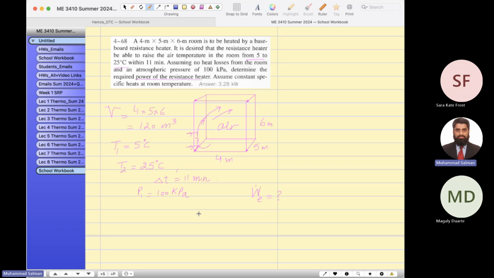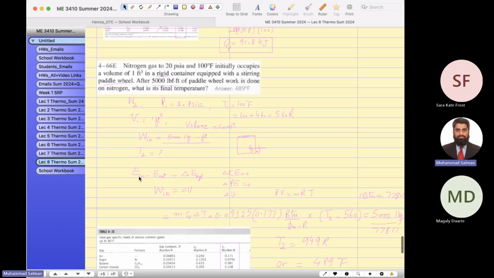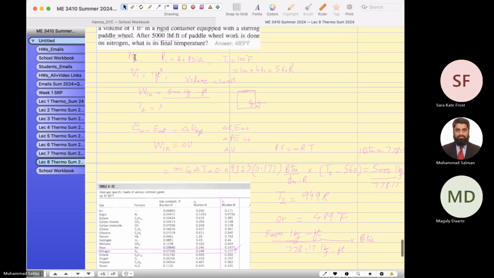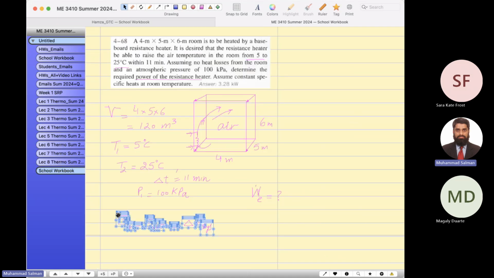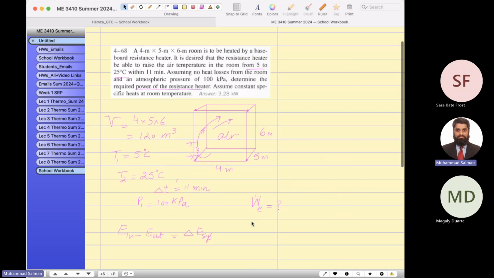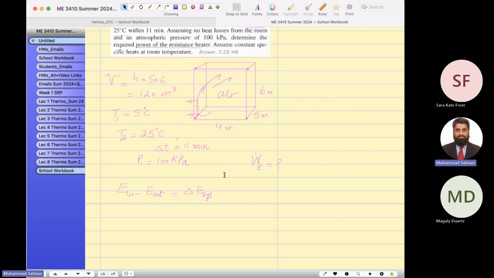Now what we have to do here, if I go back to the first law of thermodynamics, energy going in minus energy coming out equals delta E. In this case, it is delta U only, small u.